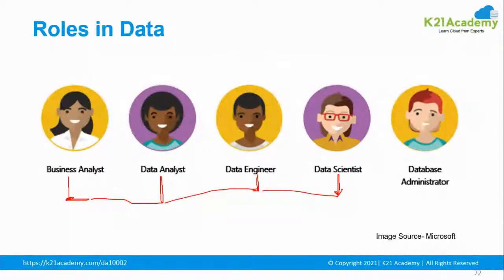They also grant and restrict user access to the different databases, and help perform, transform, validate, or clean the data according to business requirements. These are the very basic roles related to data.